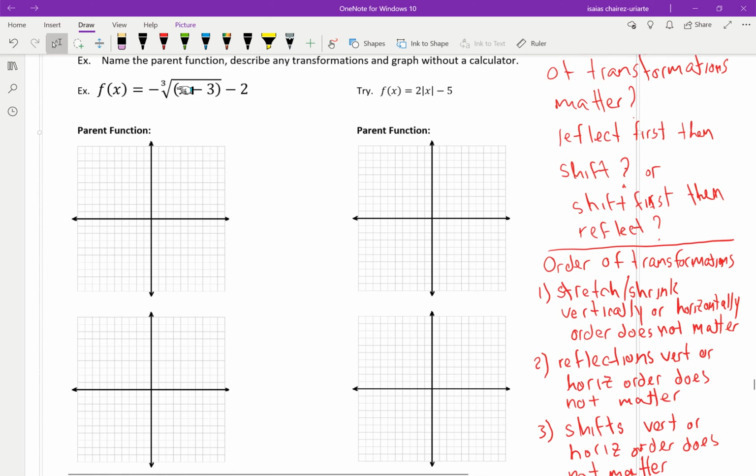Pause the video, sketch the parent function, sketch the transformation, and also in the margin, circle each part of the function and say what each thing is doing to the parent function. Hopefully you have at least the graphs of the parent functions and the graphs of the transformations that you worked out, and let's compare answers.